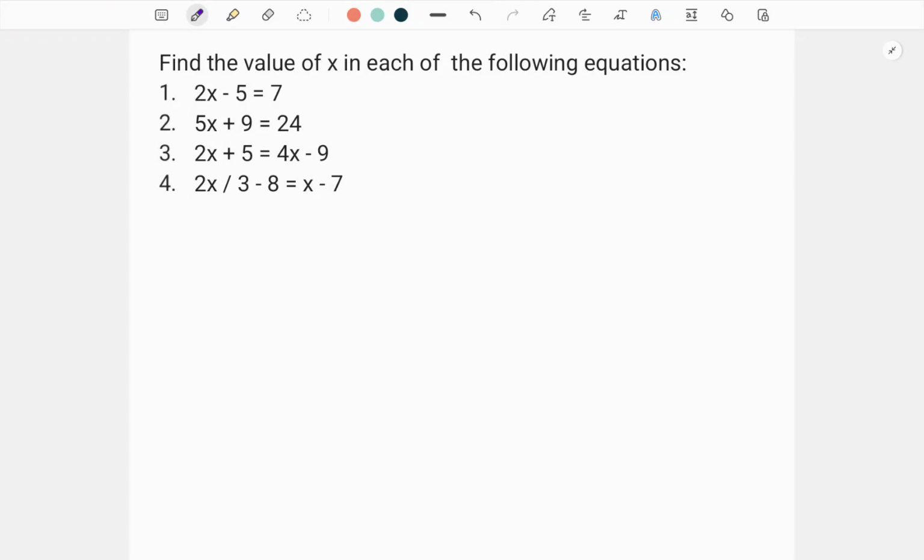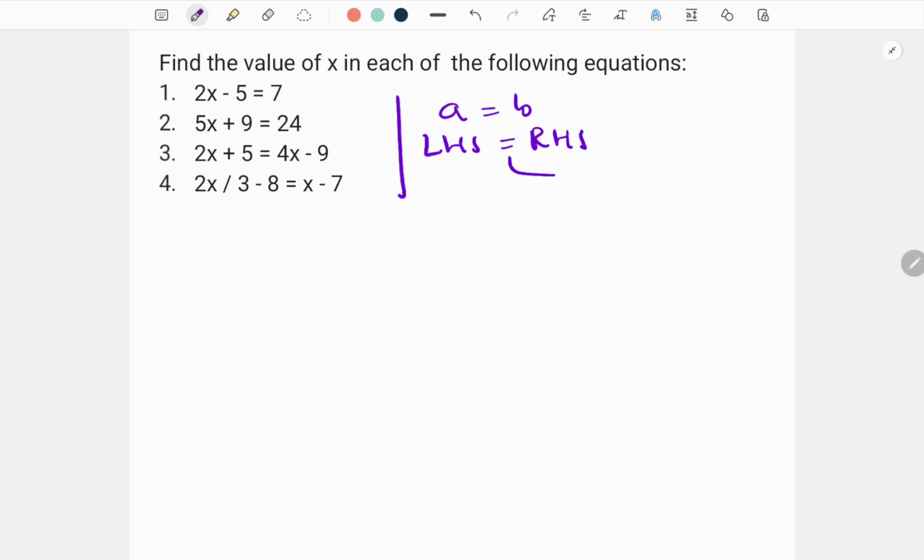Now before we jump into the actual equations, a few rules for manipulating these equations. So what is an equation? An equation says something like A is equal to B, or something on the left hand side is equal to something on the right hand side.